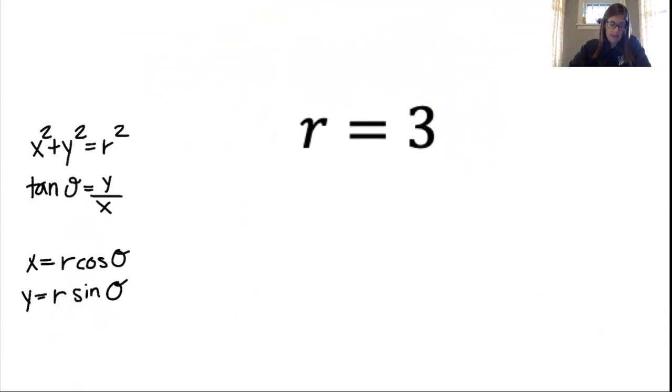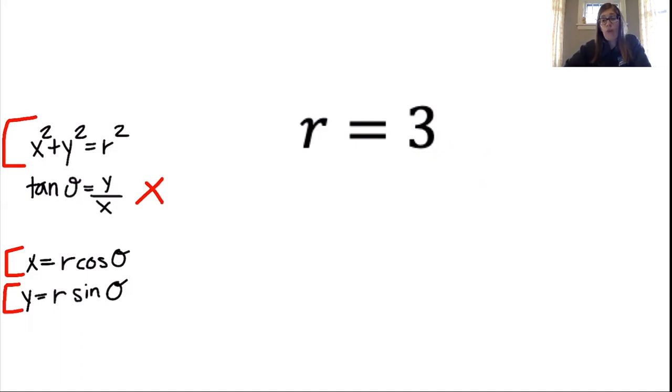I can definitely say I'm not going to use tangent theta equals y over x because that equation doesn't even have an r in it. So that's not the route I want to take. So I'm thinking about x squared plus y squared equals r squared. I'm thinking about x equals r cosine theta, y equals r sine theta.